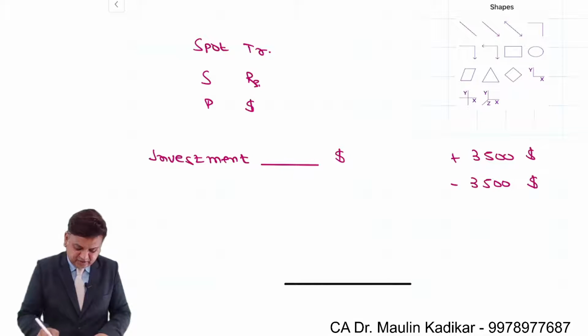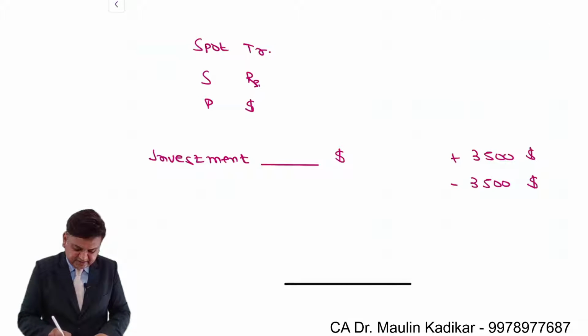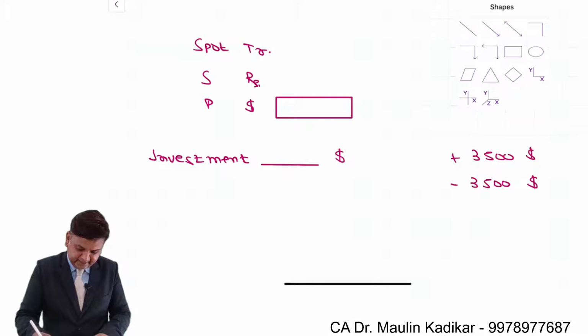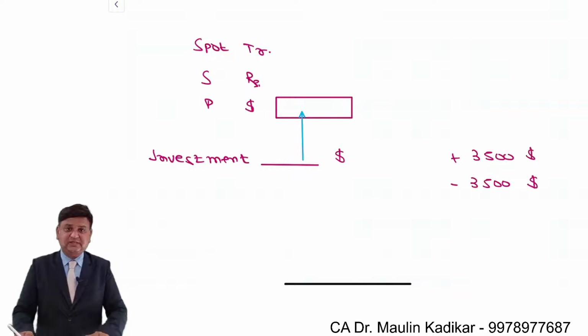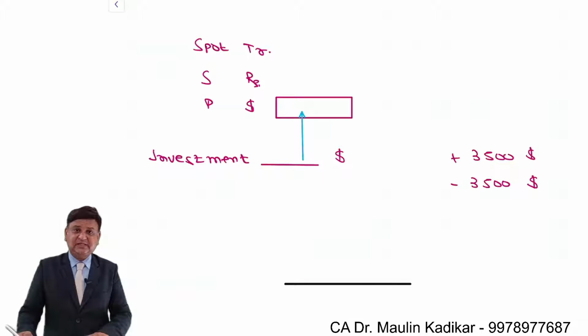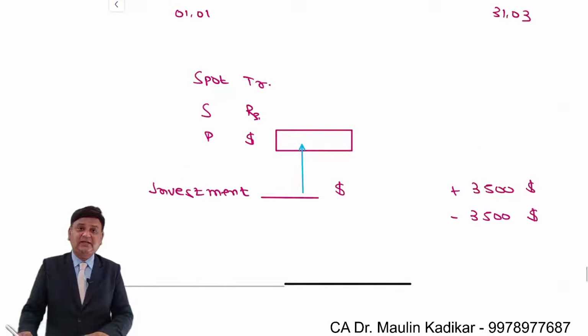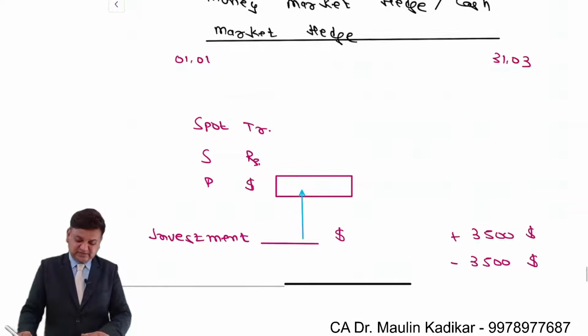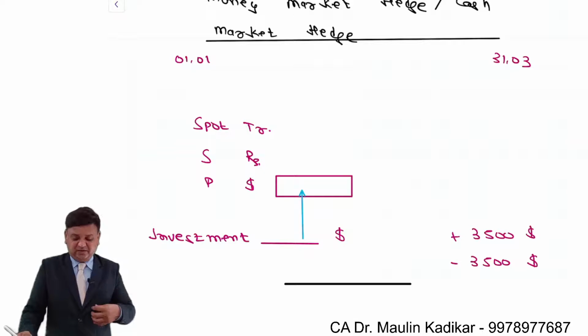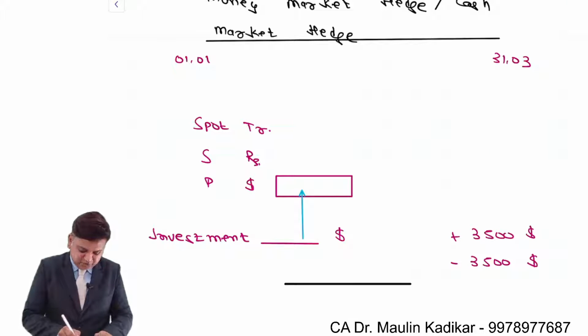Whatever the amount of the dollar which is supposed to be invested, that itself will be purchased. And for purchasing this amount of dollar, you will enter into the transaction for sale of rupees. Now for sale of rupees, I assume that I don't have rupees right now. No problem, so you borrow rupees.